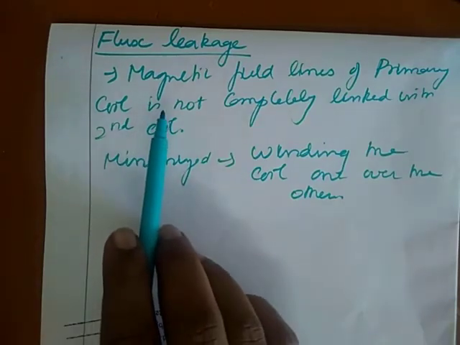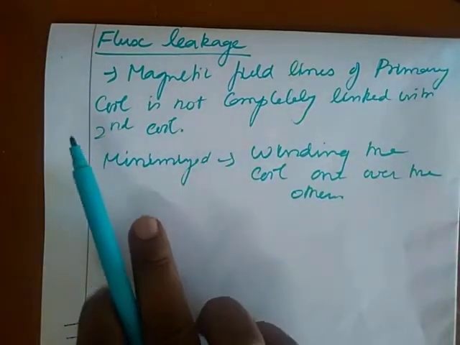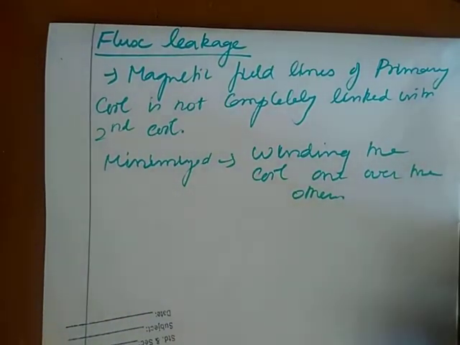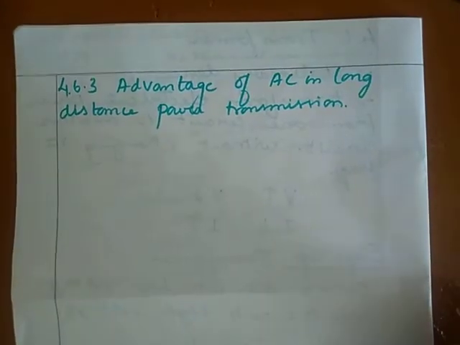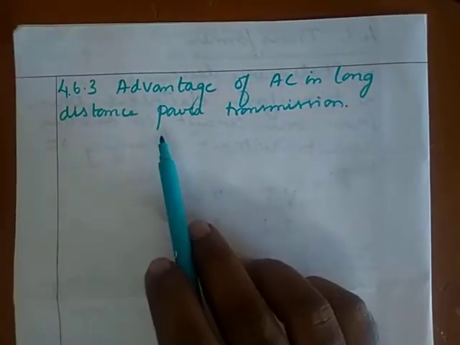In flux loss, the magnetic field lines of the primary coil are not completely linked with the secondary coil. For this reason, there is some loss. This is minimized by winding the coil one over the other. Then our next topic, advantages of AC in long distance power transmission.